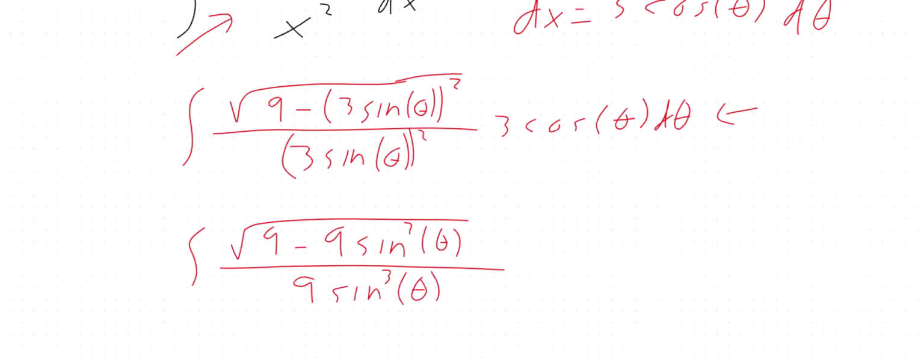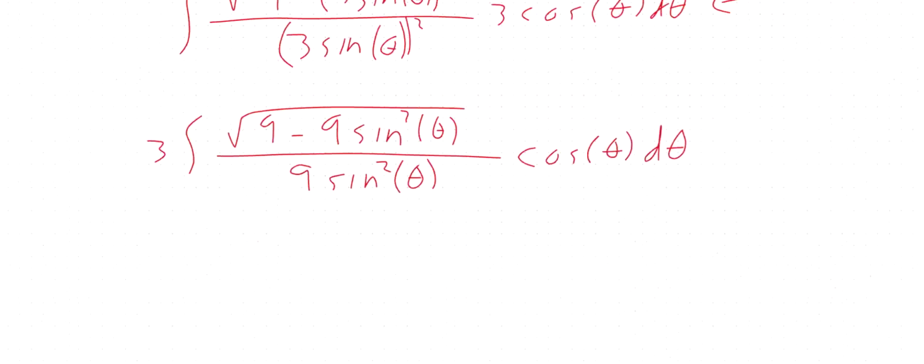That is squared. And then I'll bring my 3 out, and then we have our cosine over here. Square root. Let's go ahead and factor out a 9. So it's the square root of 9 times the square root of 1 minus sine squared. And we can separate.